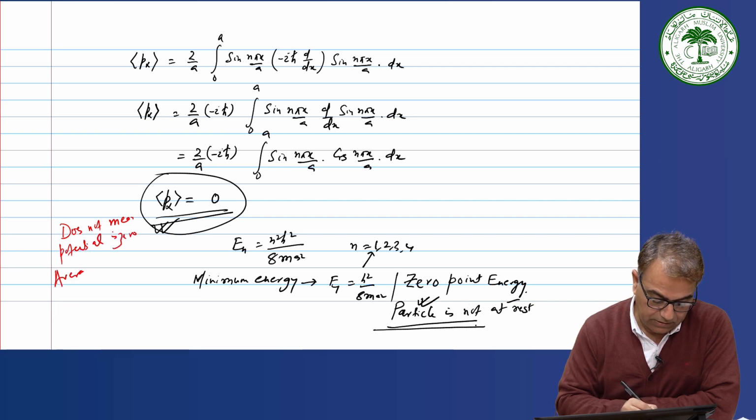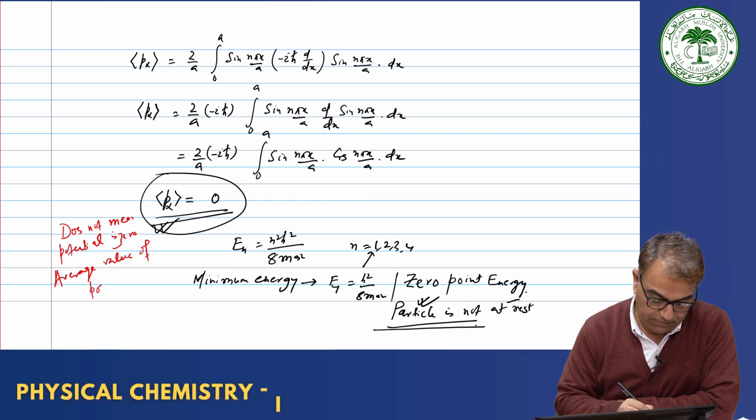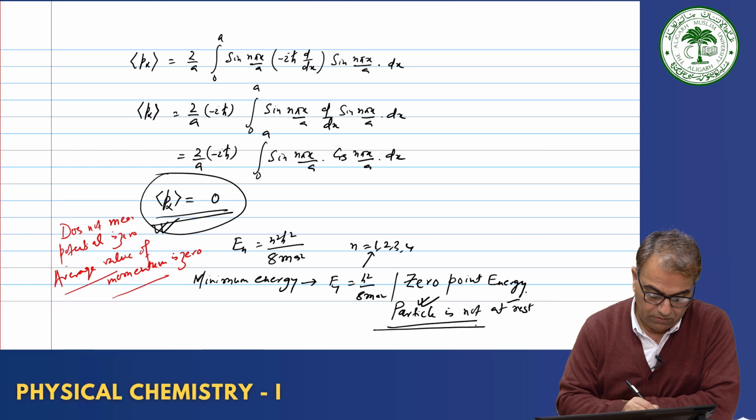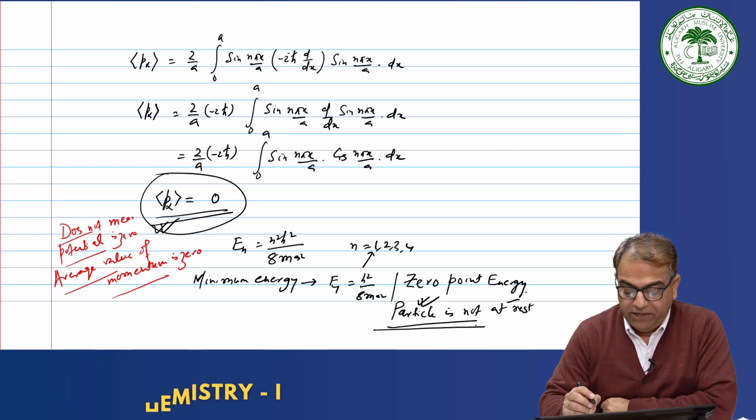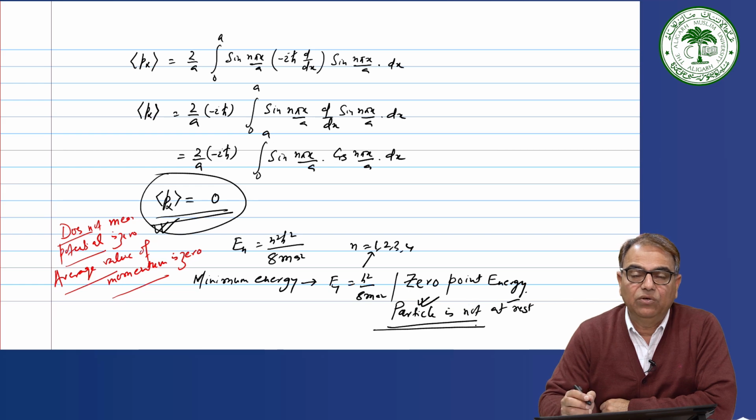The average value of position and momentum is 0. So this way we can find the average value of the physical variables of a particle in a one-dimensional box.